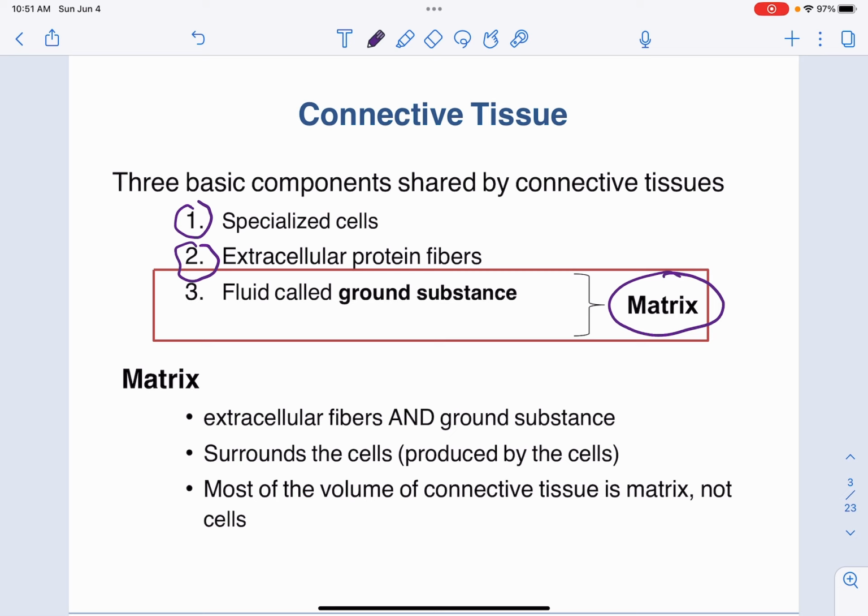And it is comprised of something called ground substance. And ground substance is what the protein fibers are suspended or embedded in. And ground substance is made by specialized cells. So what defines connective tissue isn't the cells, but it is the matrix.